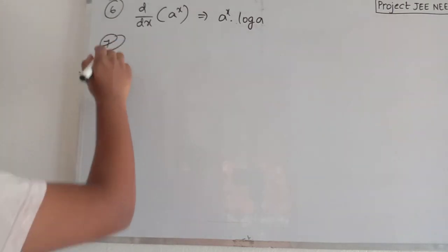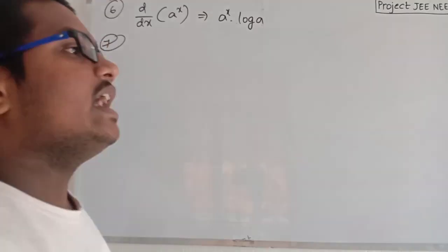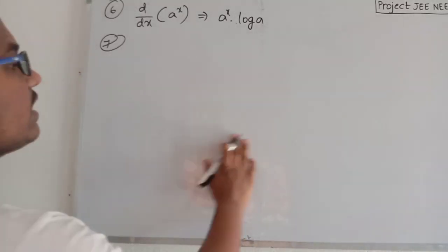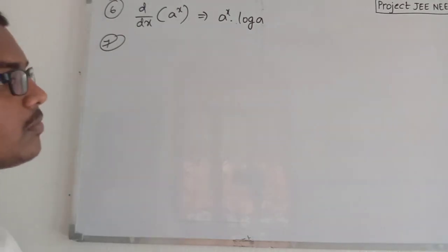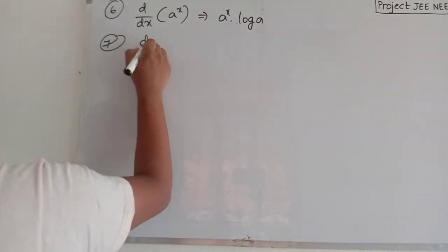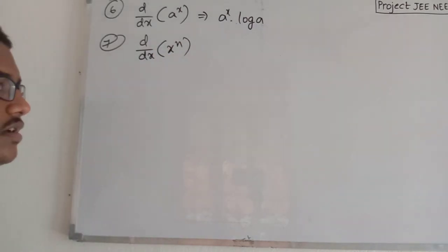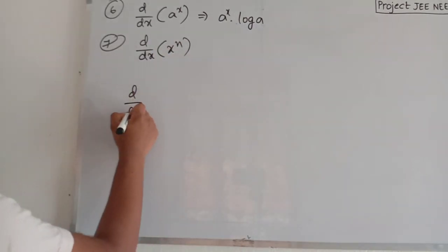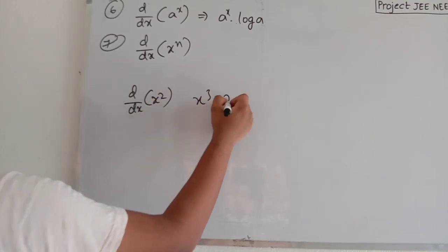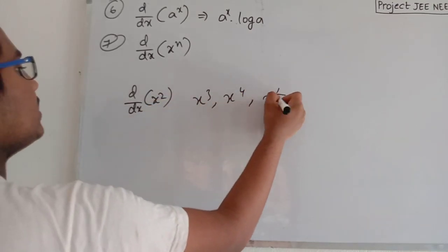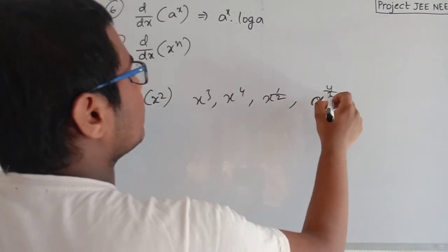So let's go to the most important, most basic and most frequently occurring formula here. In this chapter we are going to discuss these types of problems more, which is d by dx of x power n. Examples are d by dx of x square or x cubed, x power 4, x power 1 by 2, x power 4 by 3.